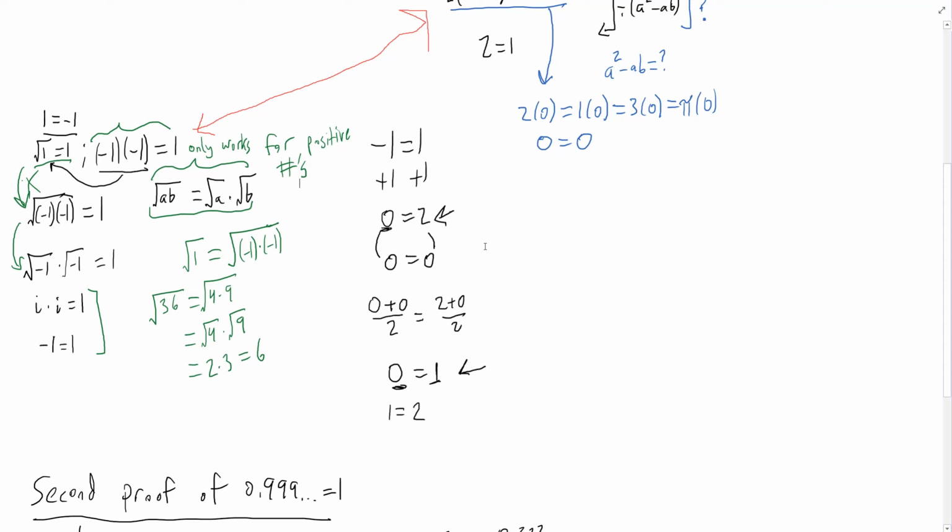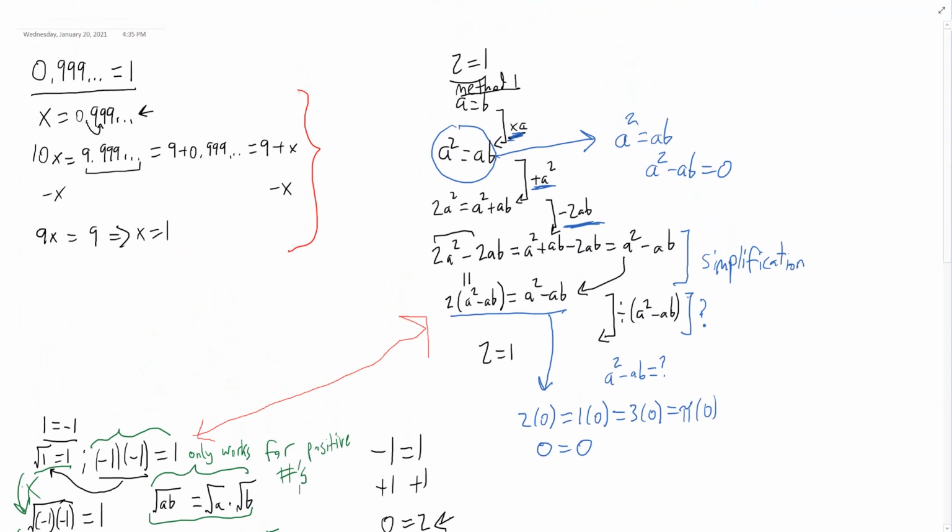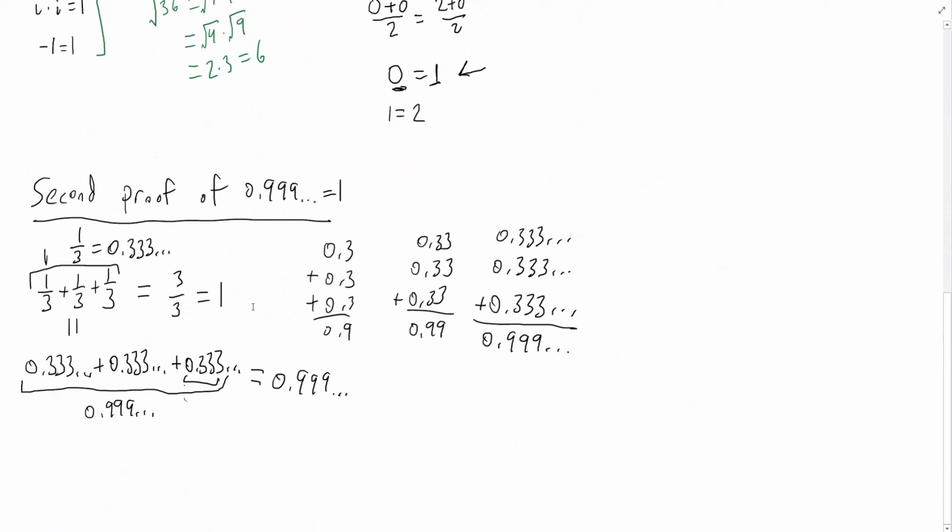So why don't you all think about that and take a look at these two proofs of 1 equals this infinite repeating sequence of 9s. If you think you can find an error in either one, please let me know. We can discuss it. Make sure I'm not pulling a fast one on you.